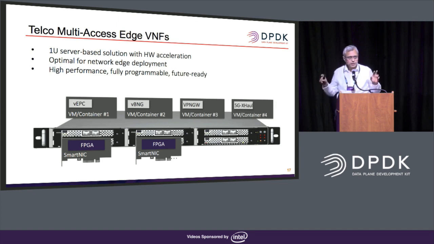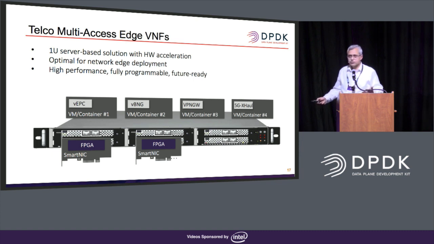Now coming back to the big picture, where we talked about the edge case. In the edge, we would have multiple VNFs, and the ideal scenario is that any of these VNFs works with any of these smart NICs, just like it happens today with standard NICs. But today it may not be the scenario.